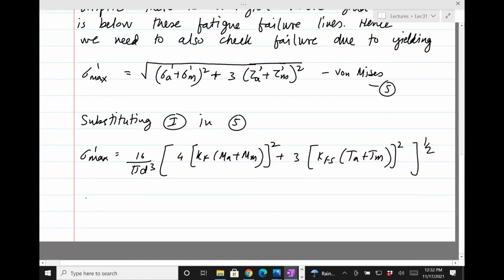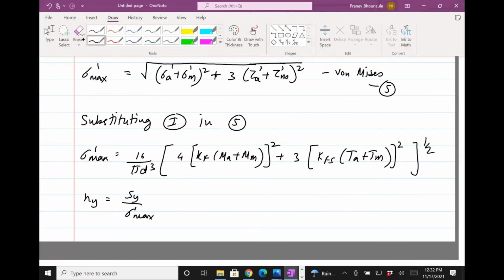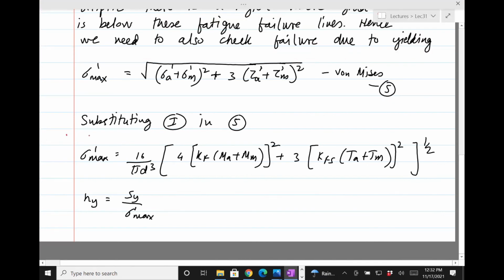So once you do that, you can find the factor of safety in yielding, and that's simply the yield strength Sy divided by sigma prime max. So those are the equations you need to check for the factor of safety in yielding.